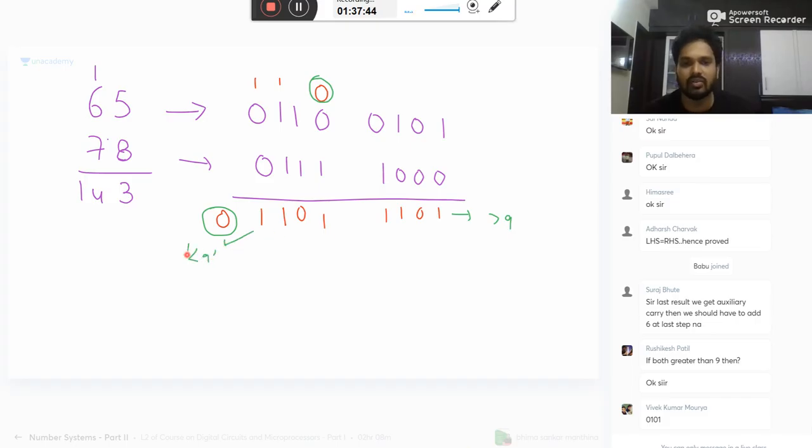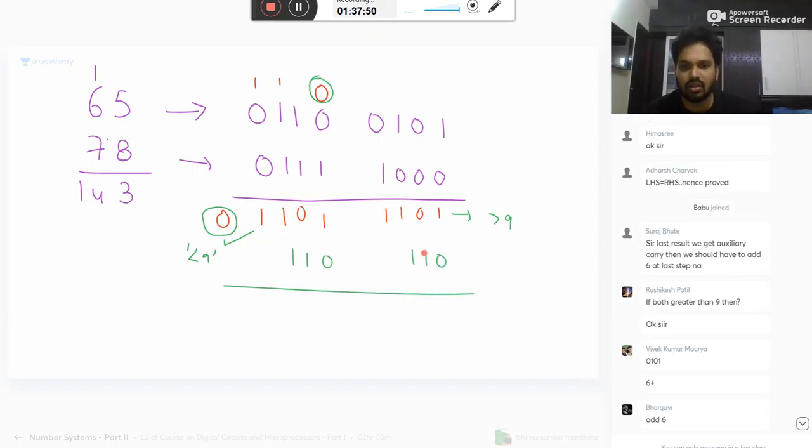What to do, my dear friends? Tell me. Add 6 in both cases. What is the answer? 1 plus 1, sum 0, carry 1; sum 0, carry 1; 1 plus 1, sum 0, carry 1; all three ones, sum 1, carry 1. This is 143. Your favorite number, right?